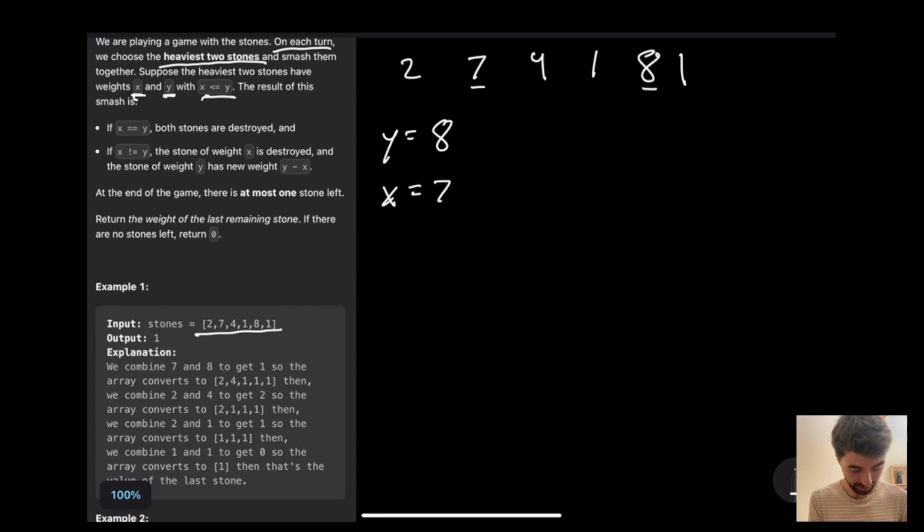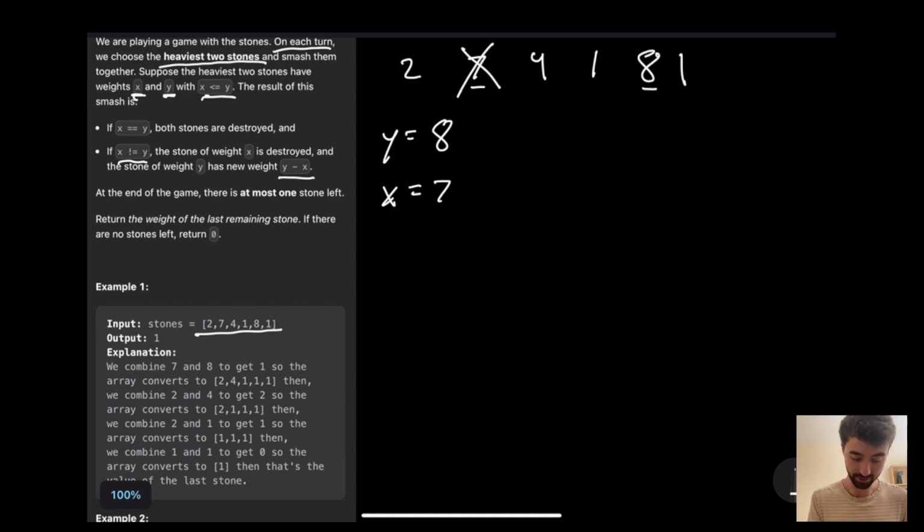And because they are different weights, the stone of weight x is destroyed. So that means the 7 is destroyed. And we're left with a stone that has a new weight, y minus x. So if we do y minus x, we get 1.